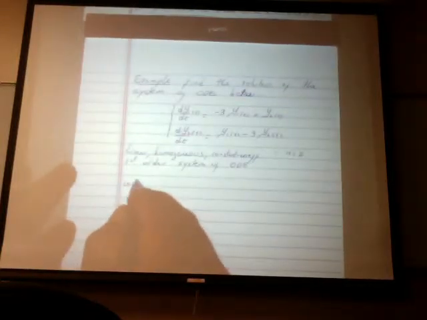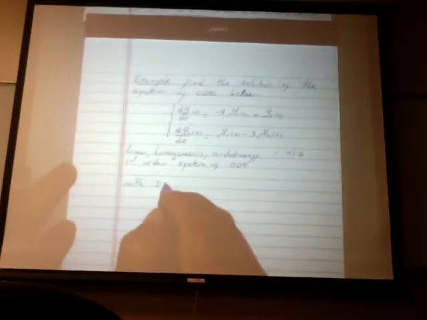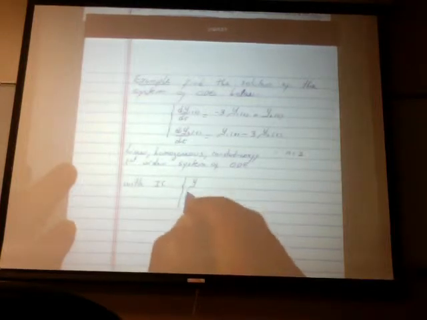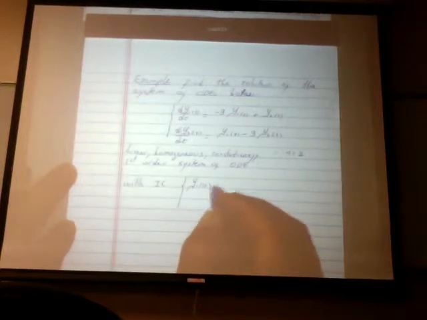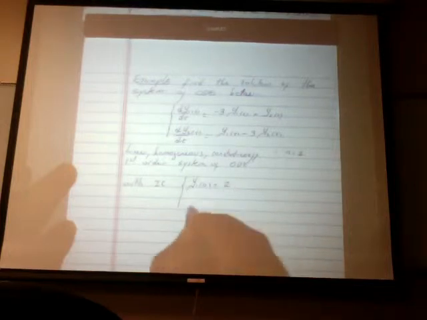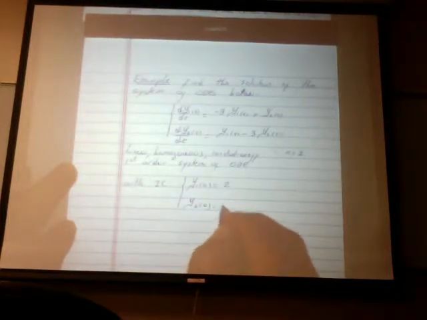With initial conditions, y1 at 0 is equal to 2, and y2 of 0 is equal to 0. So those are the initial conditions. Remember, at least one of the initial conditions needs to be non-homogeneous. Otherwise, the solution of this system is trivial. It's 0. Because the governing equation is homogeneous, an admissible solution is 0.